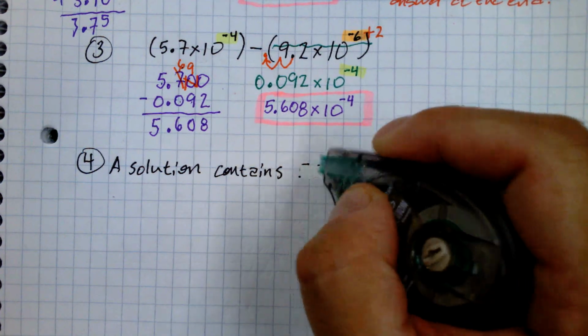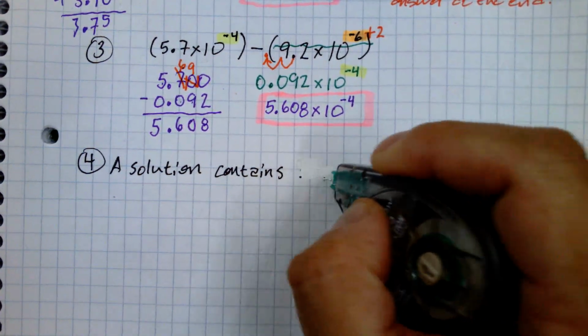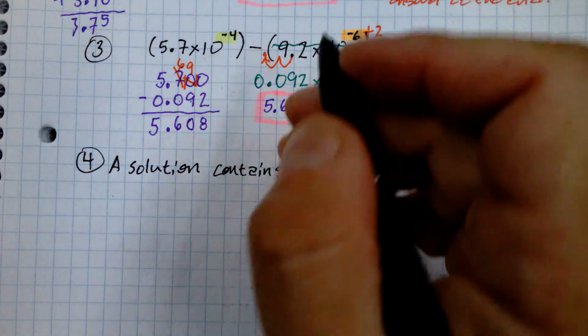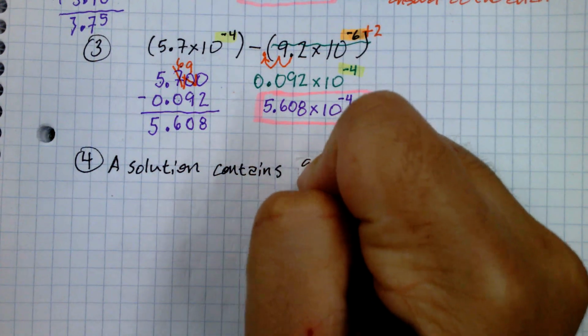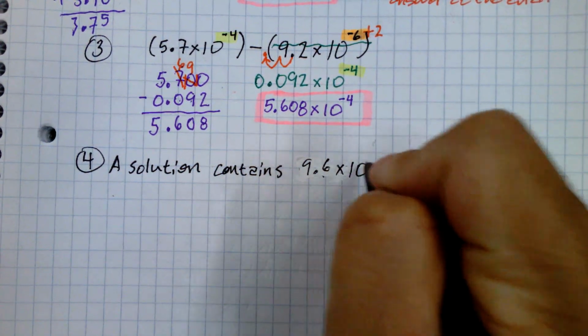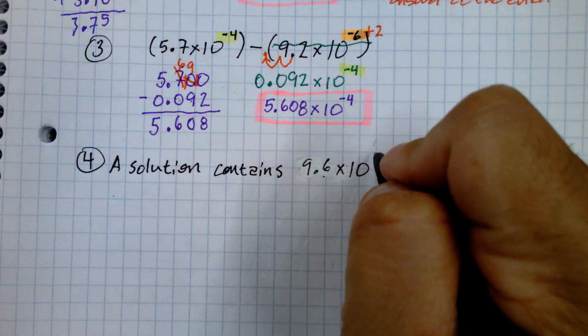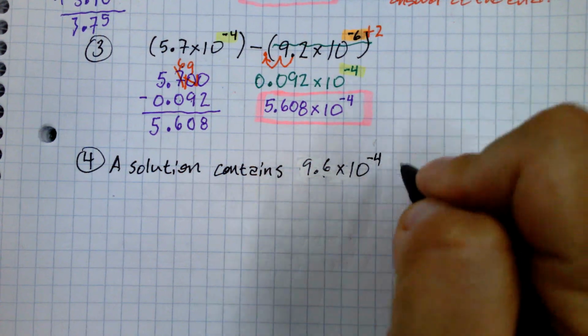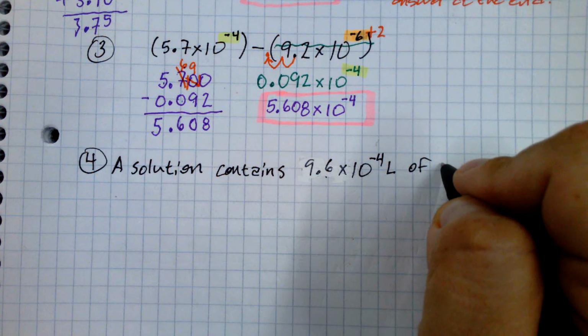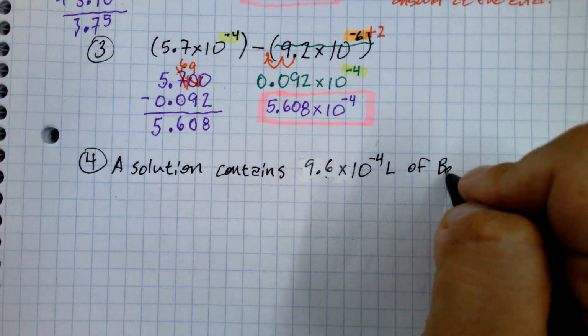Let me fix that. It was 9.6 times 10 to the negative 4 liters of benzene, and that's a type of chemical.